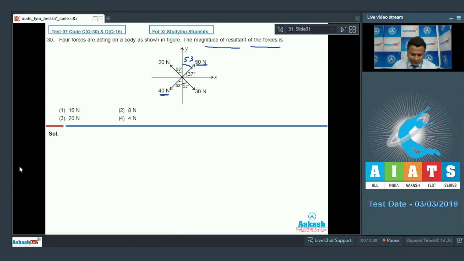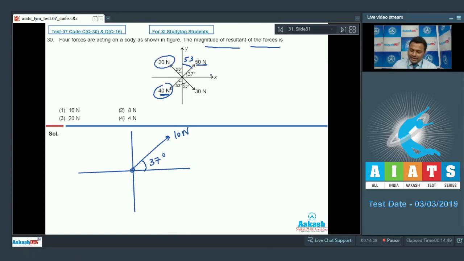We can redraw the diagram like this. So 40 and 50 are opposite, so the net force due to 40 and 50 will be 10 Newton, toward the larger force. So 50 minus 40 is 10 Newton, making an angle 37 degree.